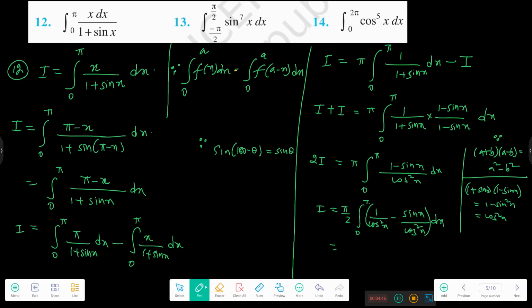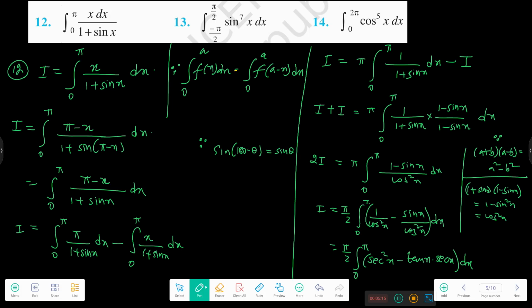So pi by 2 into the integral from 0 to pi, 1 by cos square we can write as secant square x minus. There is a cos square, meaning cos into cos. One cos, you can write sin by cos as tan. One more 1 by cos is there, that you can write as secant, into dx. Now we can go directly to the integral formula.